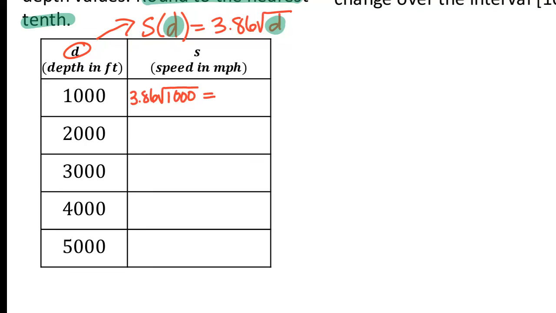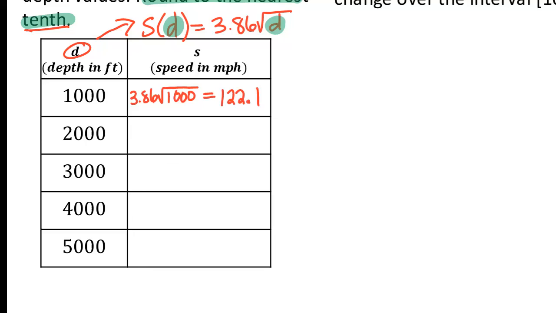So after the decimal, what number? Okay. What did you guys get? 122.06, so I'm going to round that to 0.1, because it says to the nearest tenth, which is one number after the decimal. Okay?